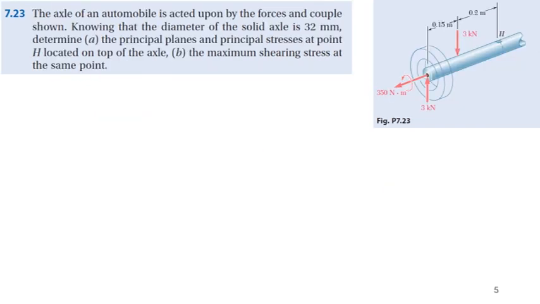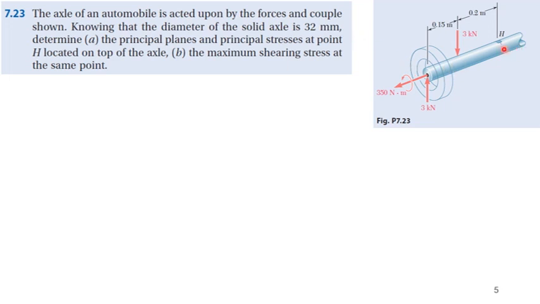Now let's see this problem 7.23, that is related to the application of this chapter, transformation of stresses. And let's see the problem. The axle of an automobile is acted upon by forces and a couple.